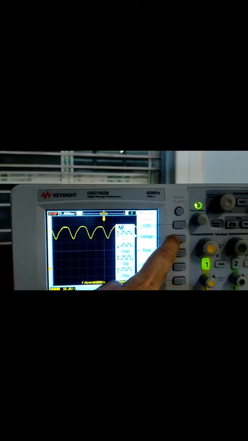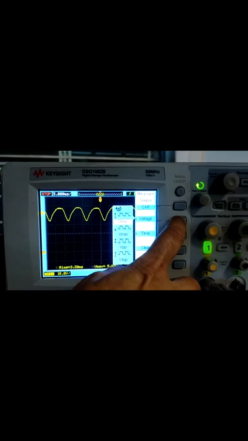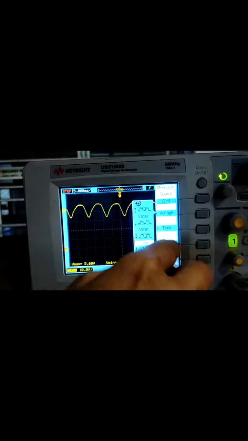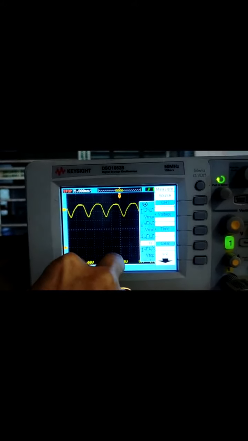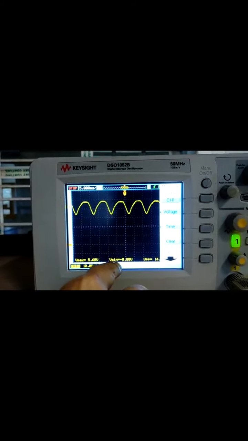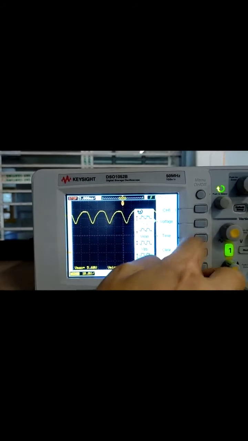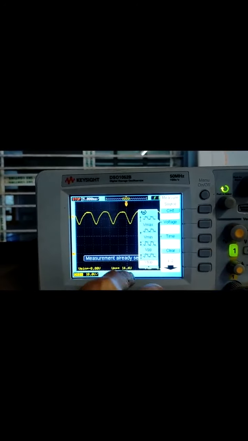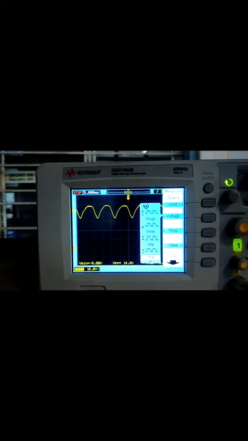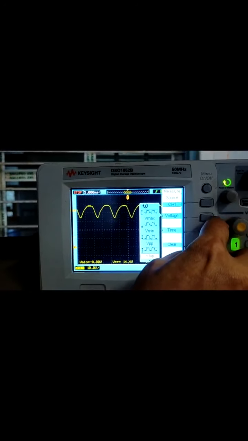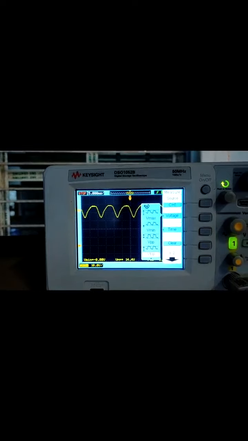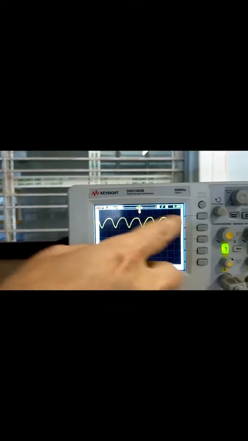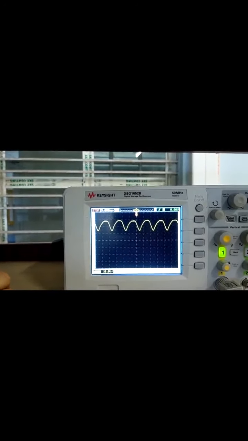Maximum voltage is 5.60 volt, minimum is minus 8.80 volt, and peak to peak is 14.4 volt. You have to note down all the voltages. So thus we can get the rectified output for the applied input signal.